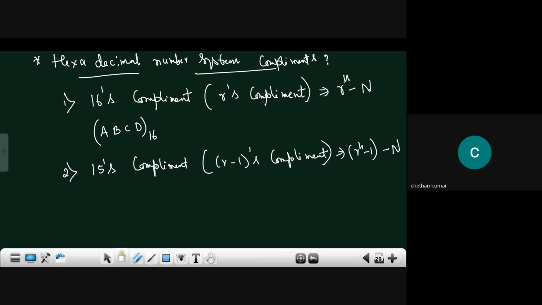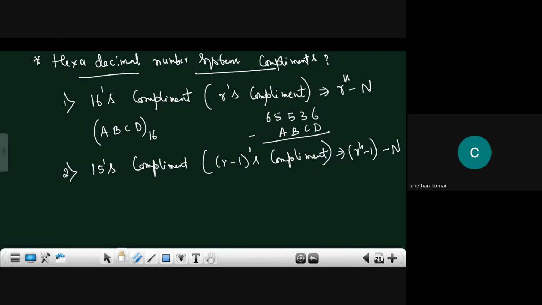What is 16 power 4? Can you solve? 16 power 4 is 65,536, minus ABCD.